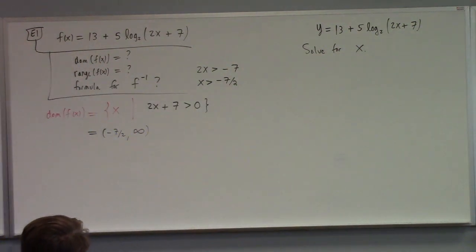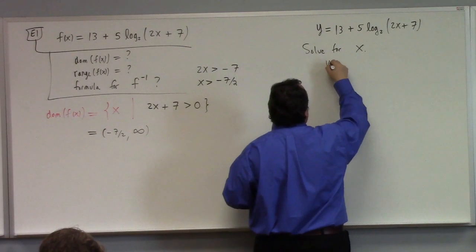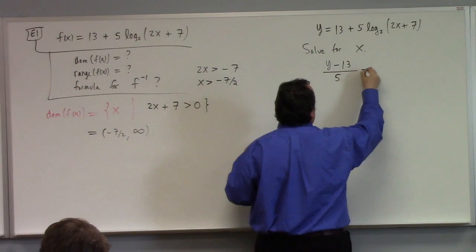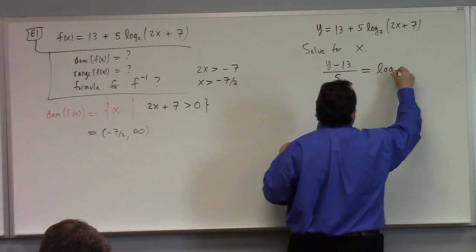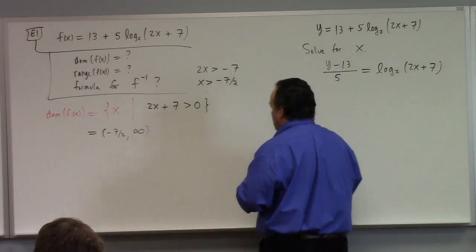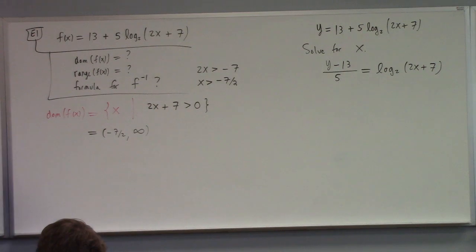So let's isolate that log. Y minus 13 divided by 5 is equal to log base 2 of 2x plus 7. I did a couple of steps at once there. I subtracted 13 to the other side, and then I divided by 5. Now my log is isolated.